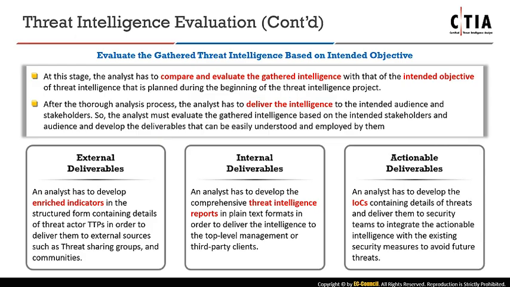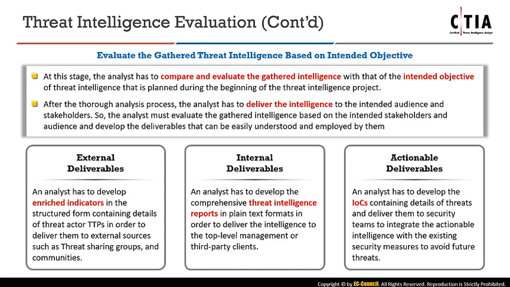After we've completed this analysis process, we need to deliver this threat intelligence to the intended audience. Who is it? And to the stakeholders. Who are they? We have to take that information and get it packaged and ready to deliver. And that's called a deliverable. There are 3 types of deliverables that we want to look at. Number 1 is external deliverables.